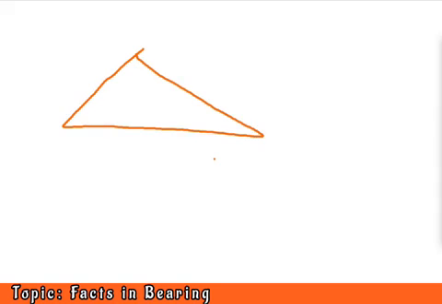All right, now when you are given a question such that one length and all angles are given. So after interpreting your bearing question, you will eventually result in a triangle, something like this, or maybe something like this.